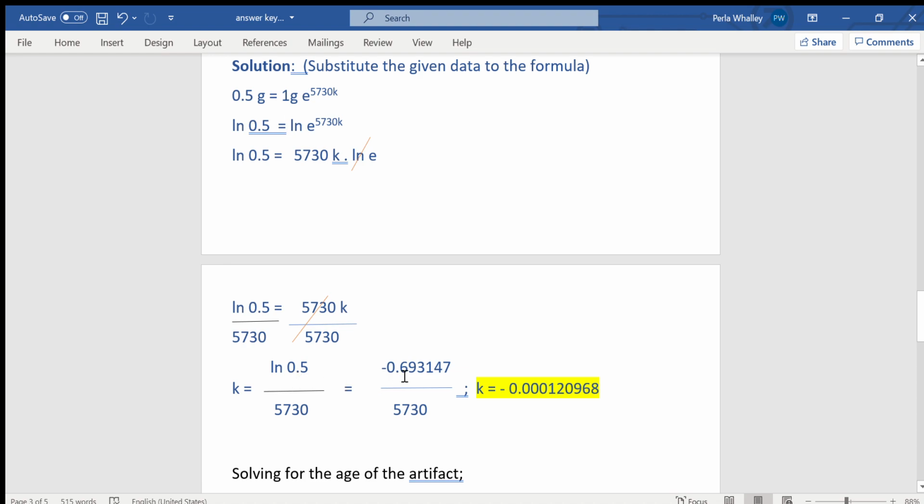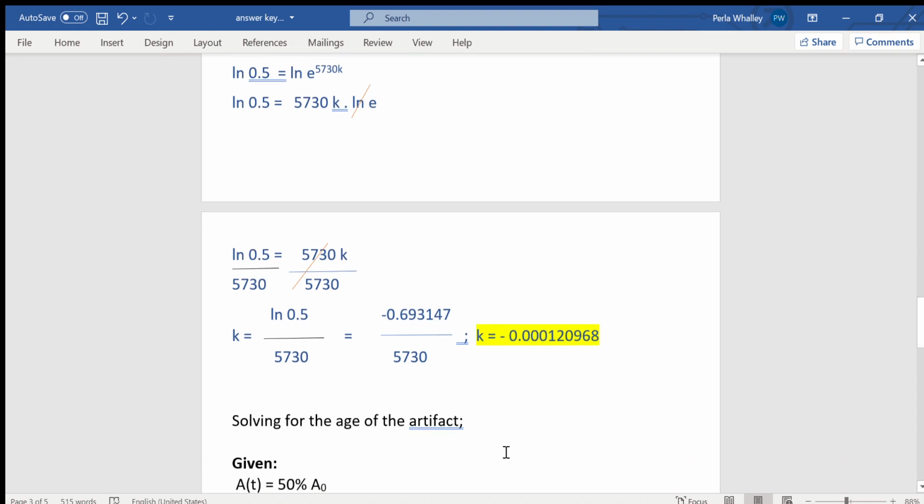The answer should be negative 0.693147. There are some more numbers here, but we cut it here at 7. And then divide it by 5730. The answer would be minus 0.0001200968. Okay? That is your rate of decay.